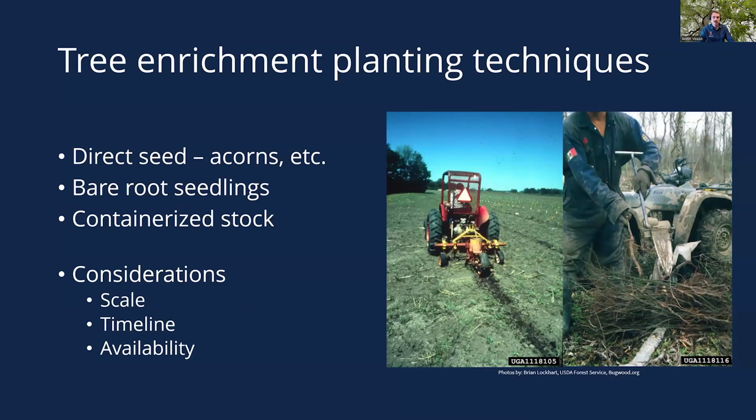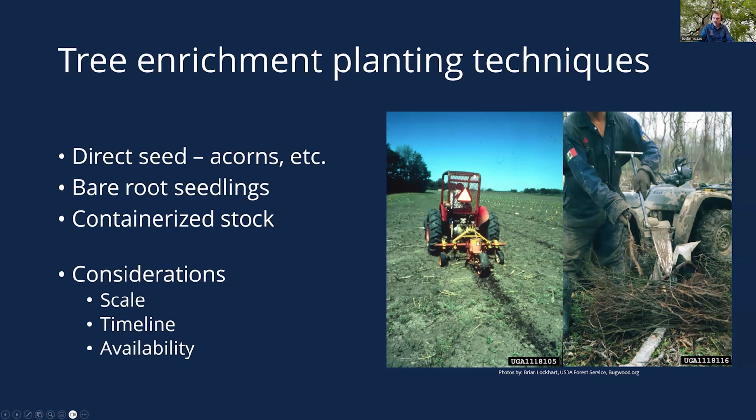We might think about doing things like tree enrichment plantings, which can include direct seeding of acorns, bare root seedlings, and containerized stock. Which option we decide to pursue really depends on the scale that we're working at. If we're working on a really large area, maybe that was previously a crop field, like in this image here, we might think about doing direct seeding of acorns.